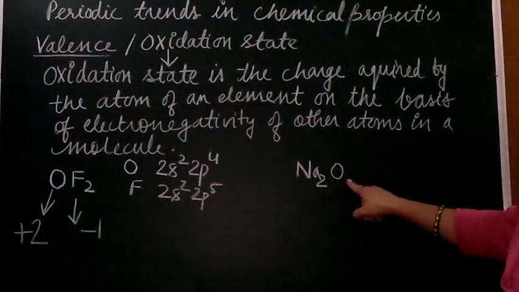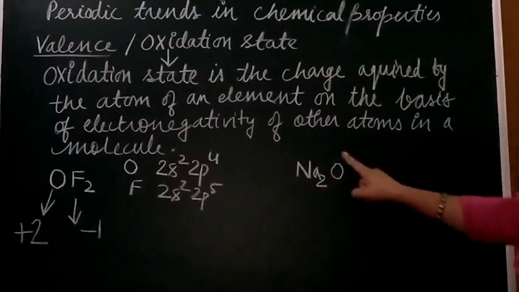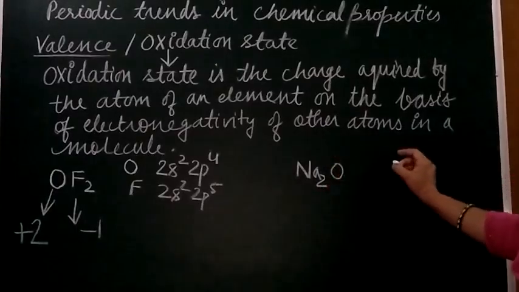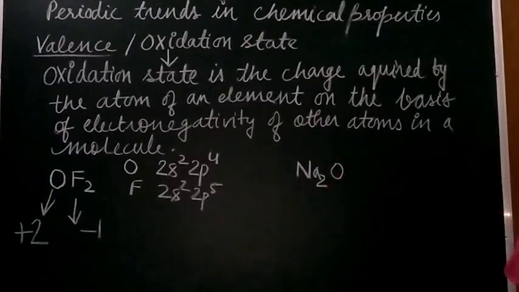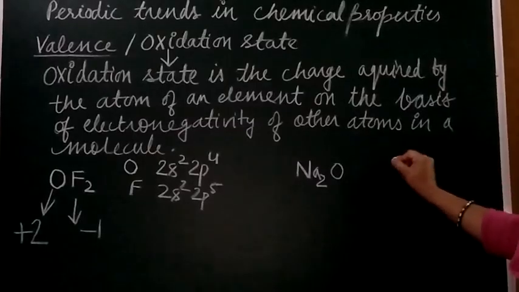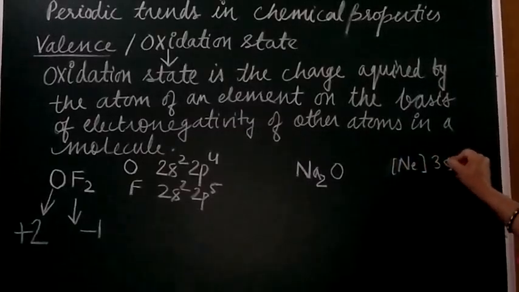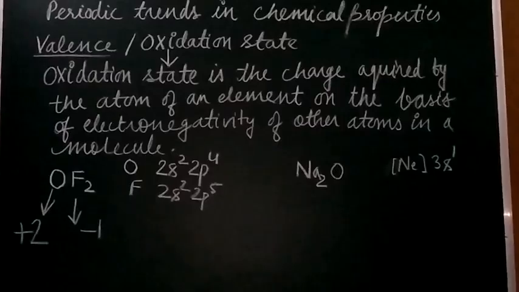Now come to the next compound, it is Na2O, right? We know the configuration of sodium: it is neon, and then we have 3s1. This is the configuration of sodium.